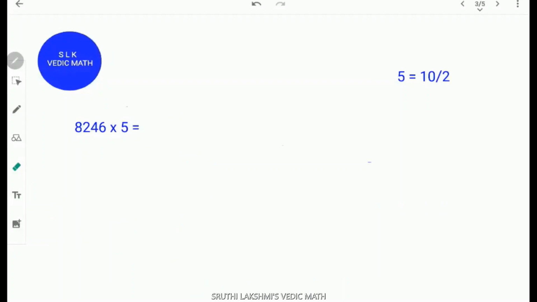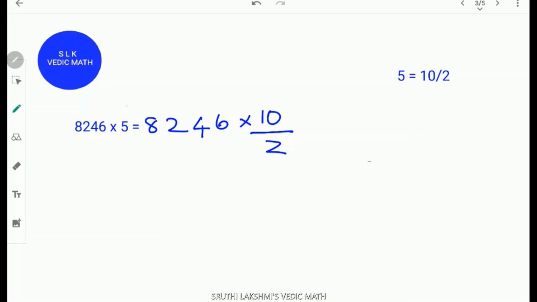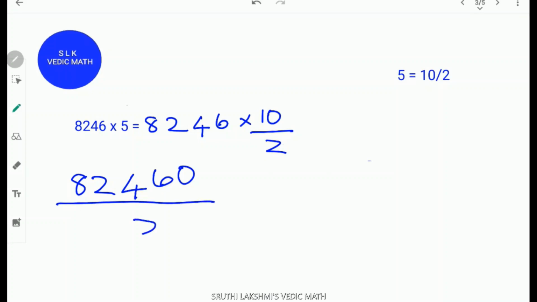Let's try another example. 8246 times 5. So it's basically 8,246 times 10 divided by 2. First, multiply 8,246 with 10. So we basically add a 0 to the end. So it's 82460. Next we divide it by 2.